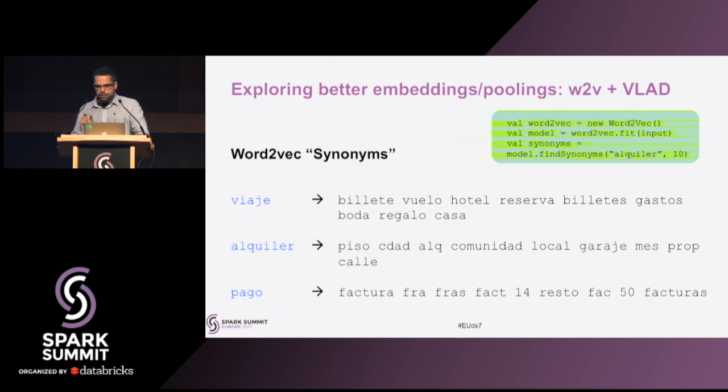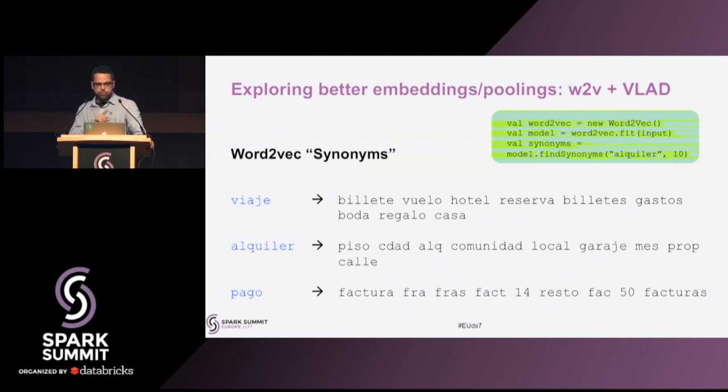What word2vec does is assign a vector to a word, such that two words will have similar vectors. That should mean that the two words have a semantic relation. Here we see some examples of words and the closest words in terms of Euclidean distance between those vectors. For example, the word viaje, which in Spanish means travel.